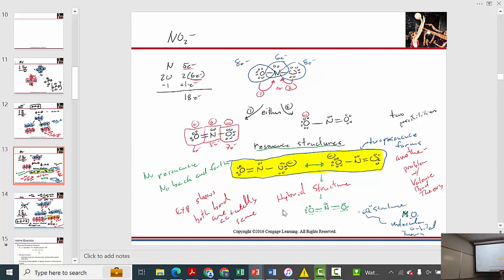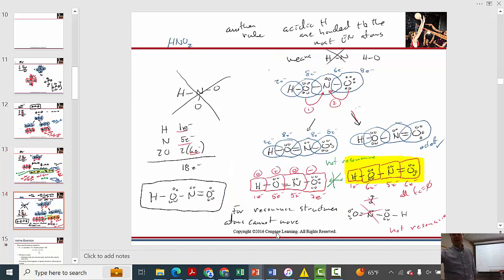And so we had 2 choices. In the second example, we only had 1 choice here. We're going to just generate this structure. The only way we could generate the other structure is by moving the atoms. We don't move the atoms. We keep the atoms in position and look at how many choices we have for the electron. So for resonance, never move the atom. Never move atoms in resonance.